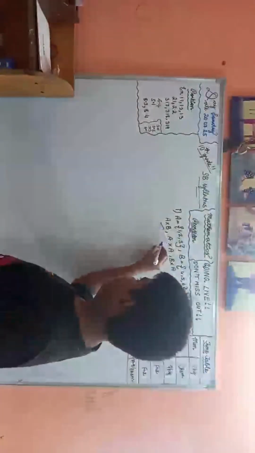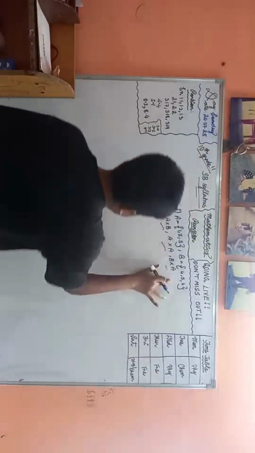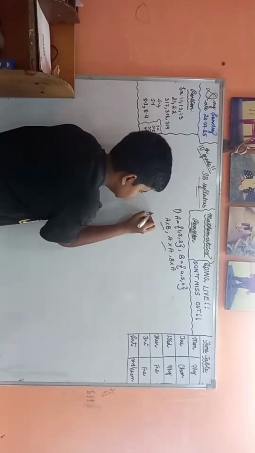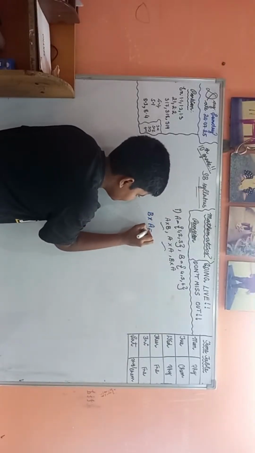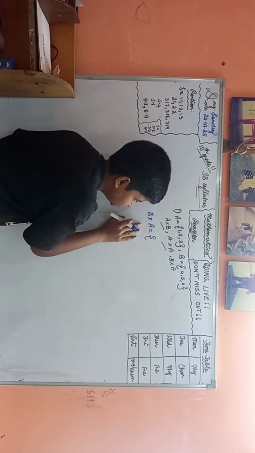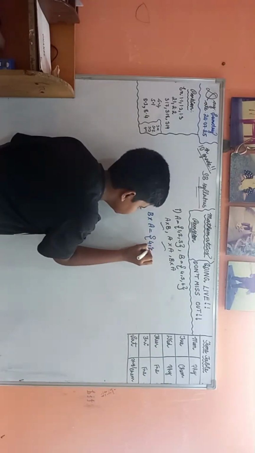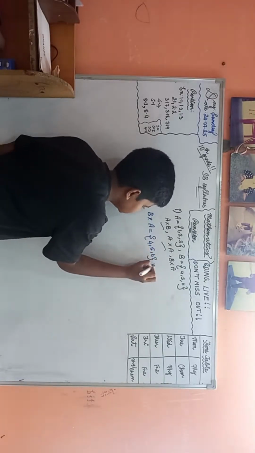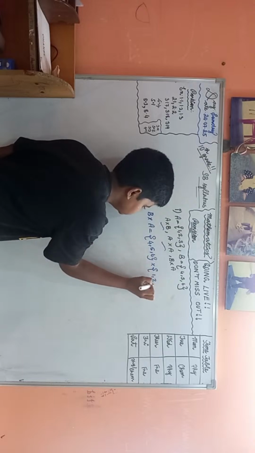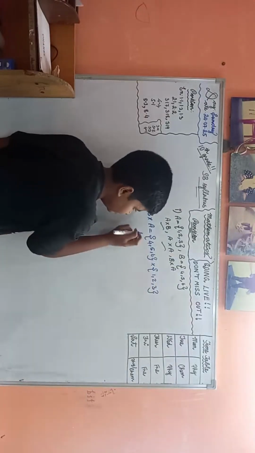So let's continue the diagram. Now I have done A into B. Let's find B into A now. What are the elements of B? 4, 5, 6 times A, which is 1, 2, 3. We just multiply.